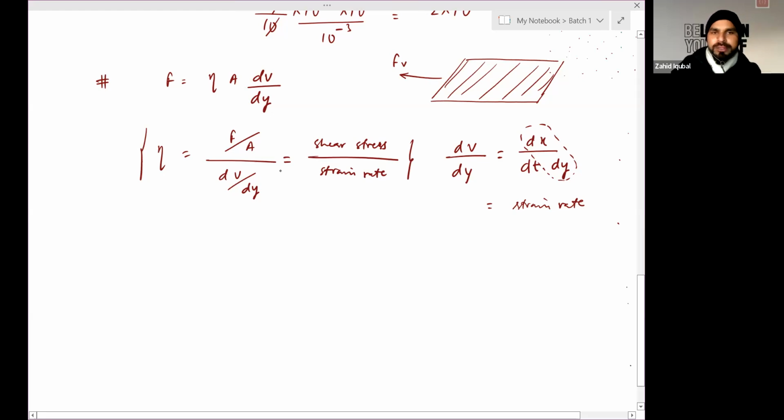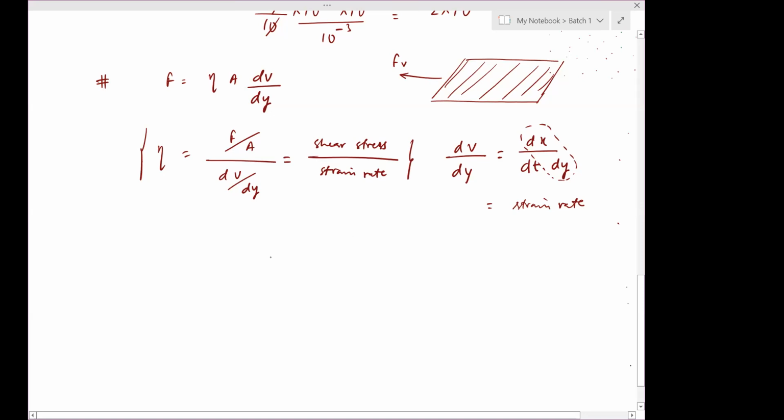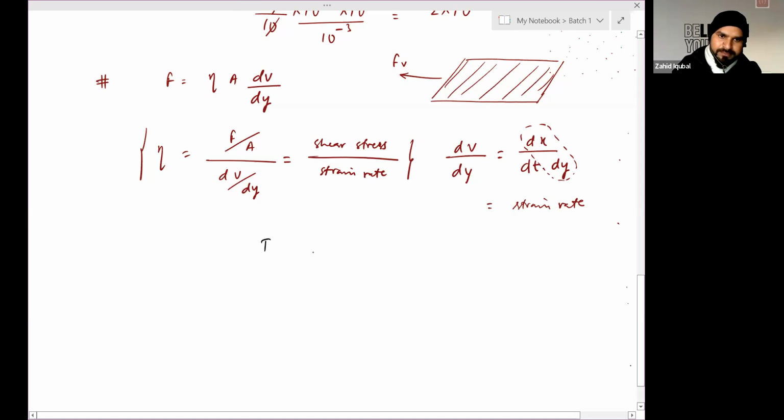Now, on the basis of viscosity, we may define types of flow of liquid in different tubes. So next is types of flow of liquid.